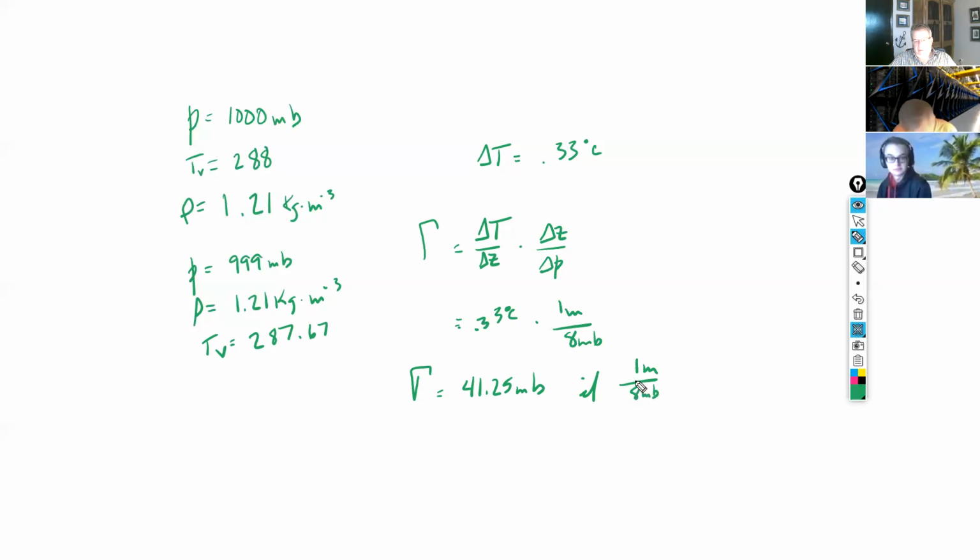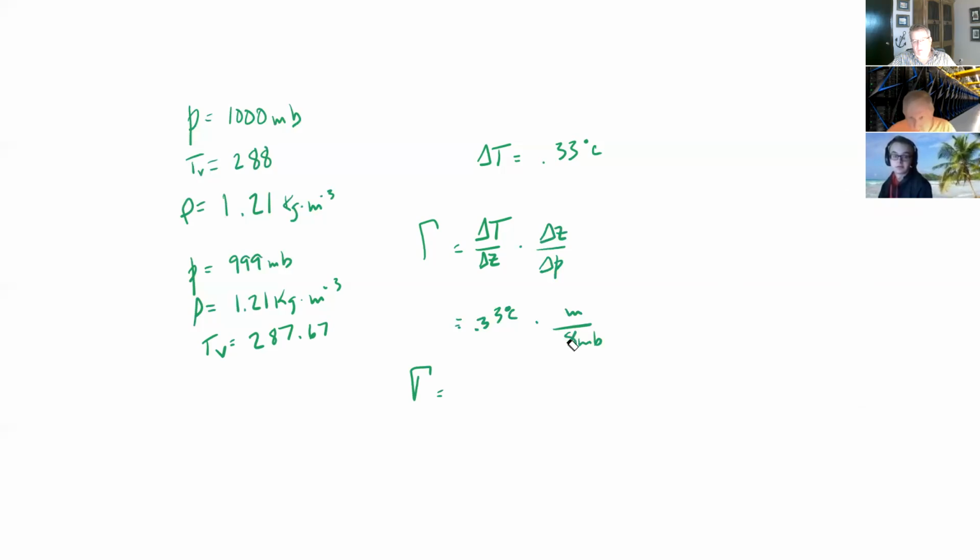No, not 8 millibars. Oh, hold on. That's totally wrong. Totally wrong. What am I doing? This is 8 meters per 1 millibar. You need to convert to kilometers. 8 meters per 1 millibar, okay.